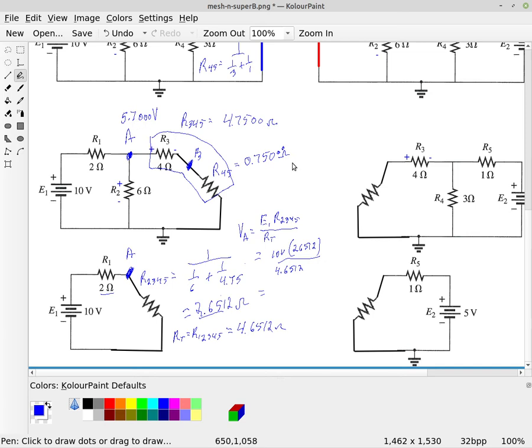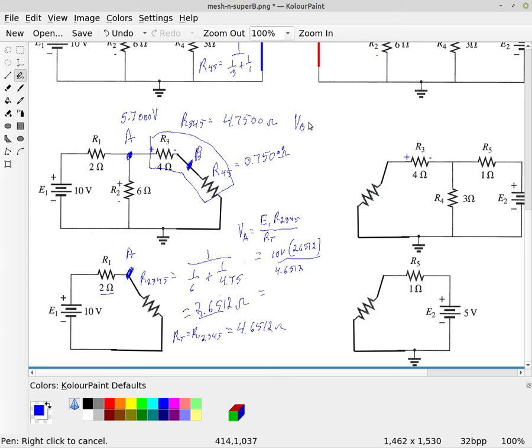So now we can find the voltage drop here by applying voltage divider to just this section. The supply voltage then is the 5.7 volts. So we can find VB. Remember, this didn't show up too well. That's supposed to be a B there.